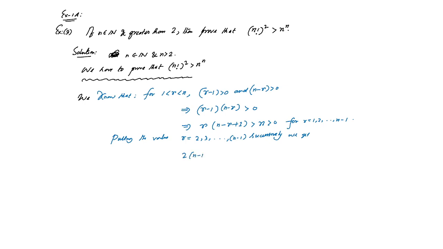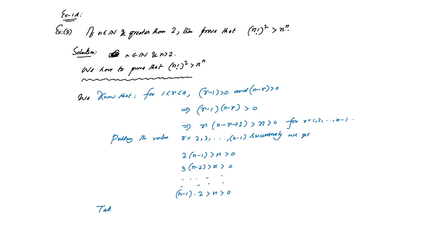If we put r equals 2, that will be 2(n-1), which is greater than n, and that is greater than 0. Next we put r equals 3, so 3(n-2) is greater than n, again greater than 0. Last, if we put r equals n minus 1, then (n-1) into 2 is greater than n, again greater than 0.